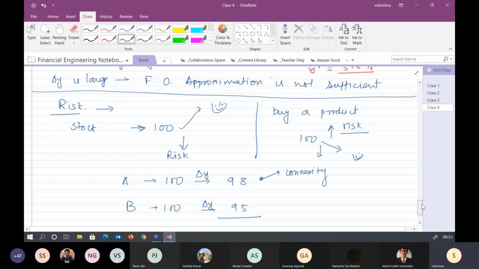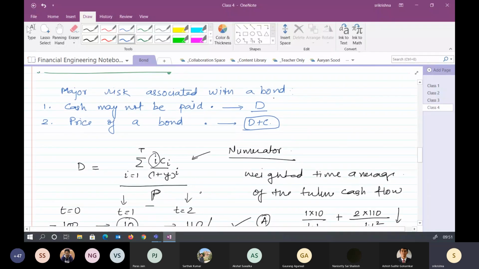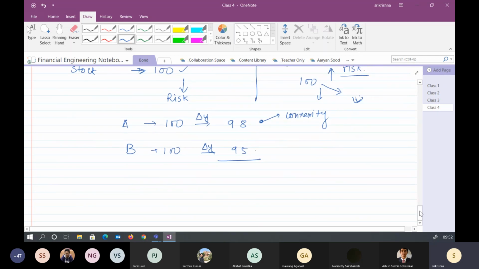So I talked about the two risks. Cash may not be paid, that has been handled using the duration, and the price of the bond, which we will be calculating using duration and convexity. But convexity directly talks about which one to prefer, whose price change would be less if you are owning a bond.